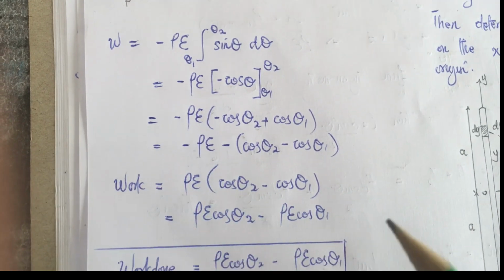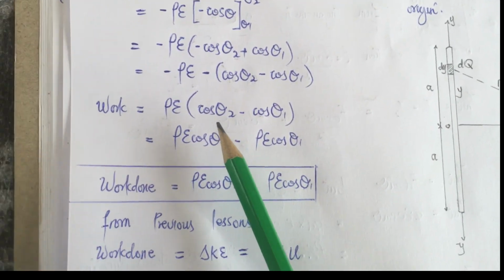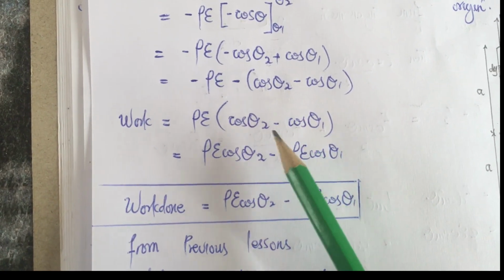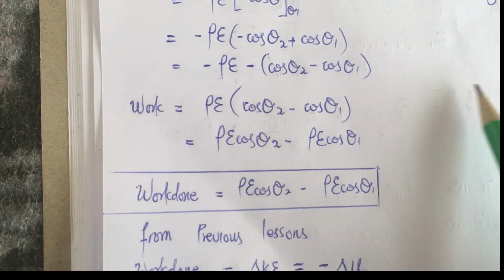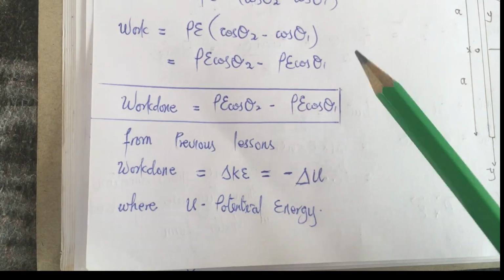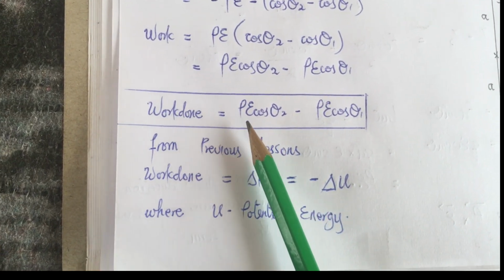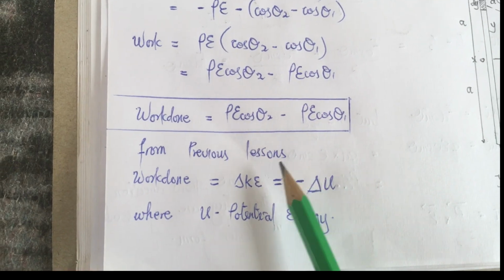Negative times negative gives positive. So we have positive PE times cos theta 2 minus cos theta 1. You can decide to multiply through by PE to expand the bracket. So generally, our work done is equal to PE cos theta 2 minus PE cos theta 1.